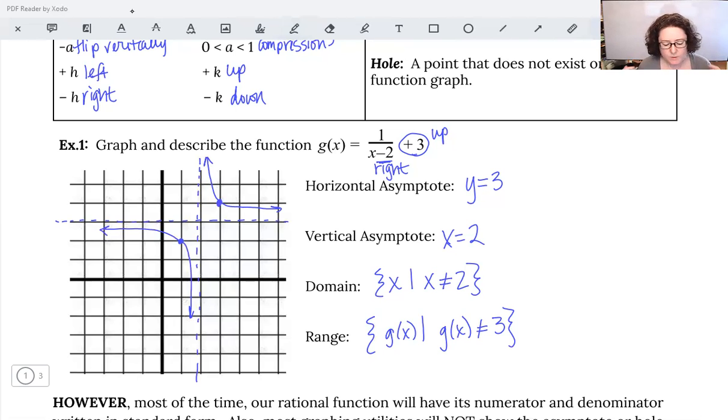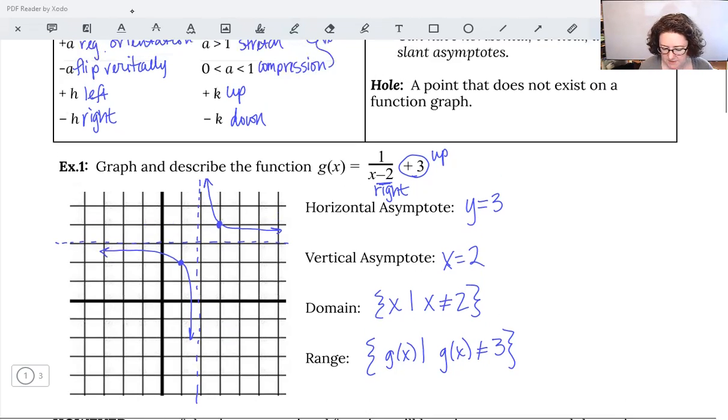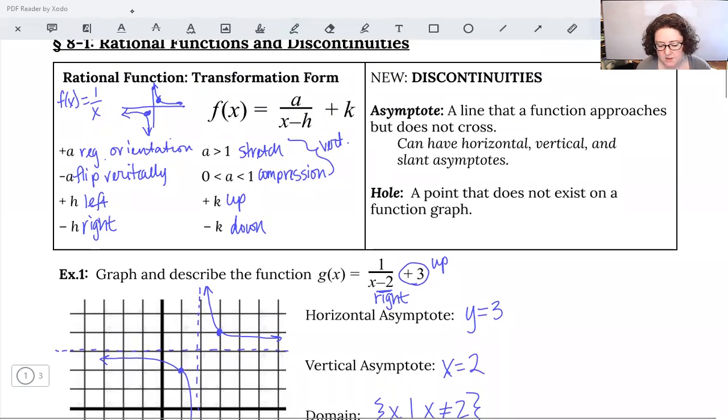So when we deal with rational functions, not only can we have asymptotes, but when we start introducing additional expressions or additional components to that function, we have something called a hole. So again, an asymptote is a discontinuity where our graph cannot cross that imaginary line.